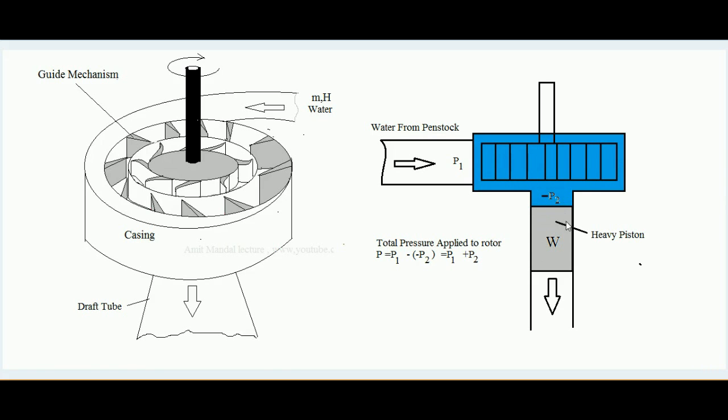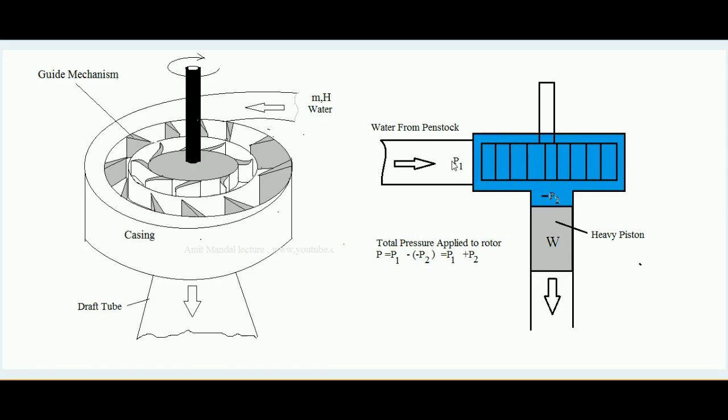But in case this piston is applied, then the pressure over the exit of this runner will be less than 0. So ultimately the pressure difference will increase, because P1 minus P2 becomes P1 plus P2 in magnitude. This is the benefit of implanting a piston cylinder system with a heavy piston over the exit of this hydraulic machine.